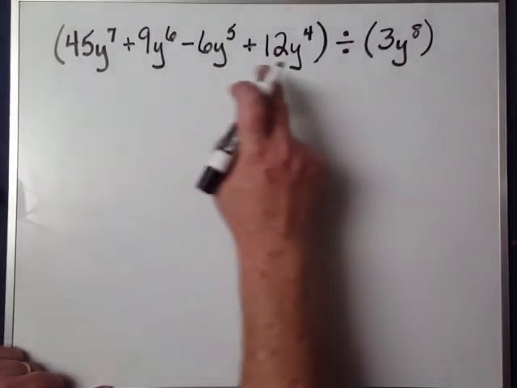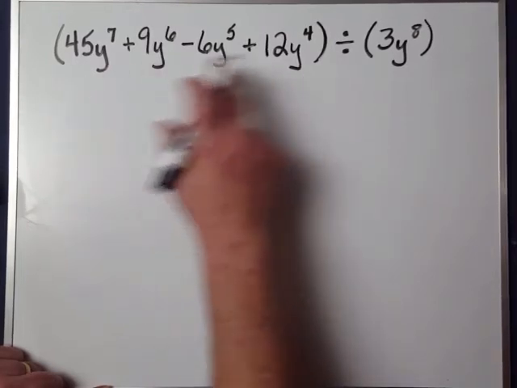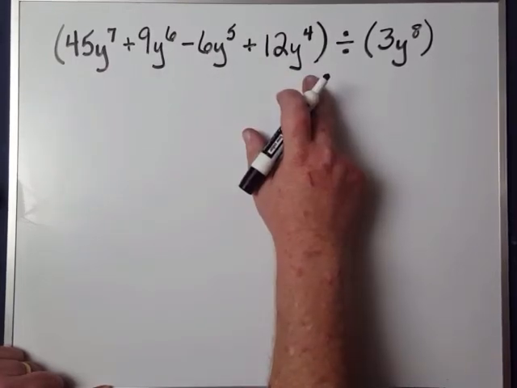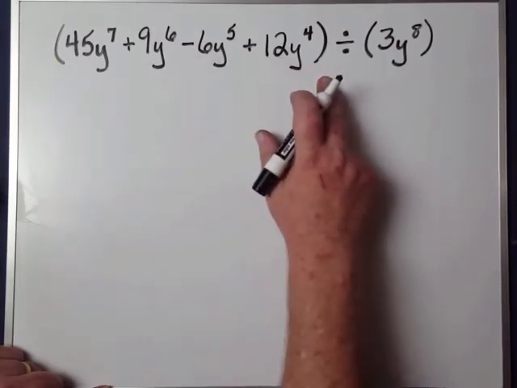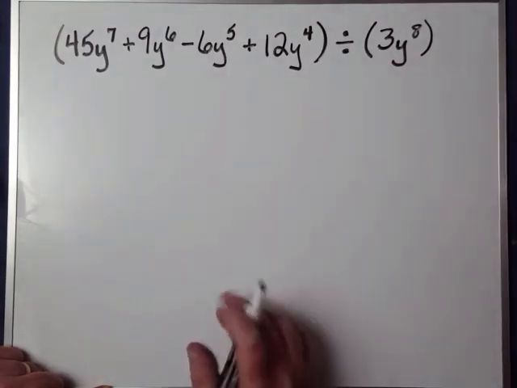Divide every term in my dividend, which would normally be my numerator if it were written with a fraction bar, divide every term in my dividend in this polynomial by this monomial divisor.